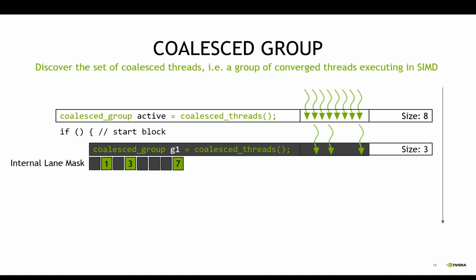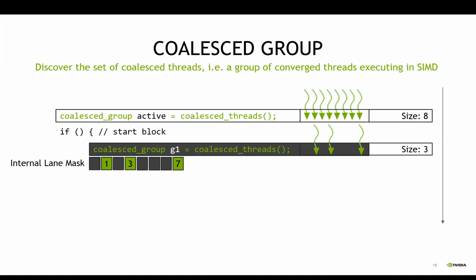Now, what's going on under the hood? Let's talk about what could happen. I started out with a coalesced group called active, and the size of that group might have been 8 threads. In other words, there was some previous conditional behavior that caused my warp of 32 threads to subdivide, and right now I'm with a group of 8 threads that are all executing together. All of that was captured in this object called active.